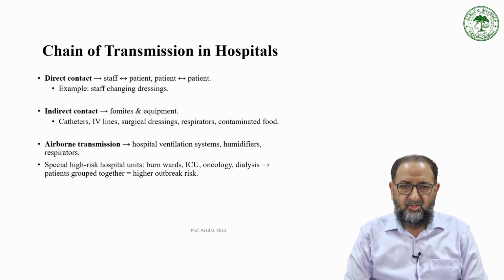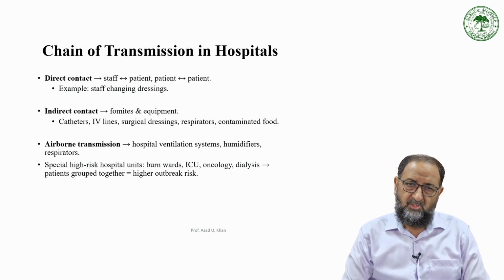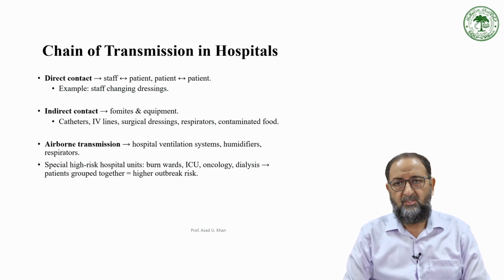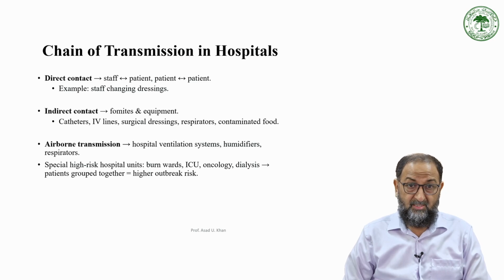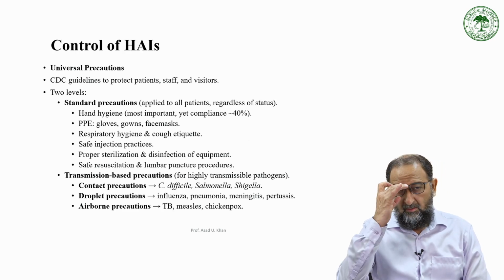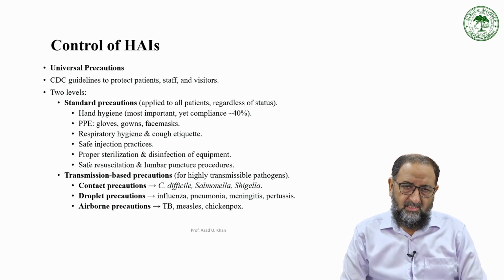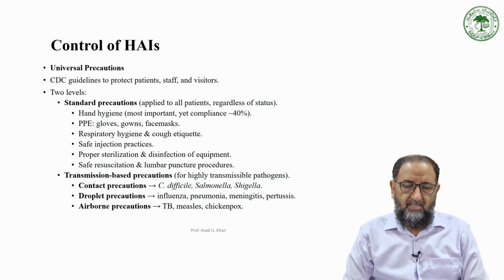Special high-risk hospital units, burn wards, ICU, oncology, dialysis, where patients are grouped together, have high outbreak risk and are responsible for the transmission of such infection in hospitals. So you have to break the chain if you want to block the transmission of such infection. Now the control of HAI, that is, as earlier we talked about, healthcare associated infection.